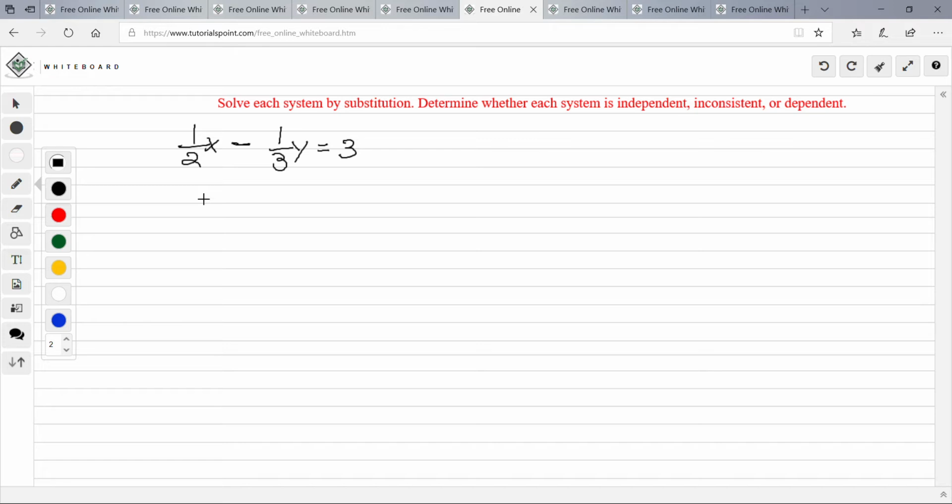This should be 12, not 3. And then we have 1/4 x minus 1/2 y equals 1.